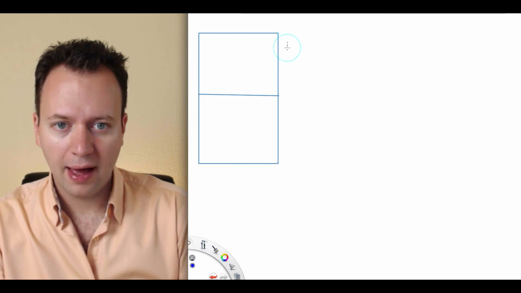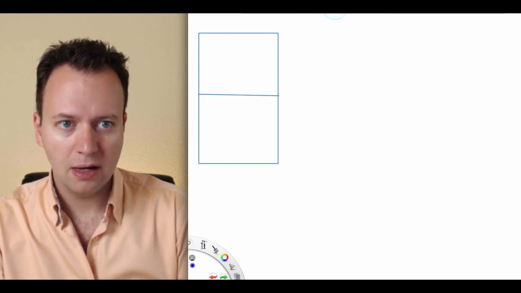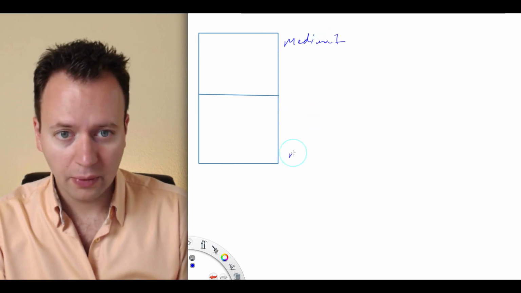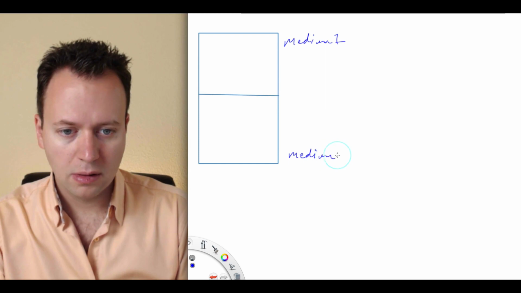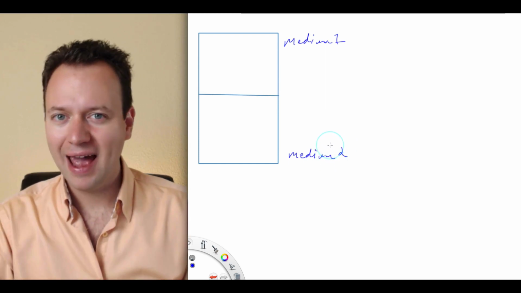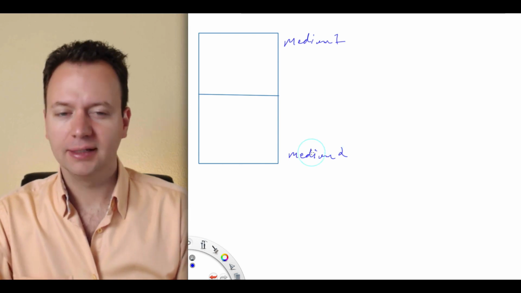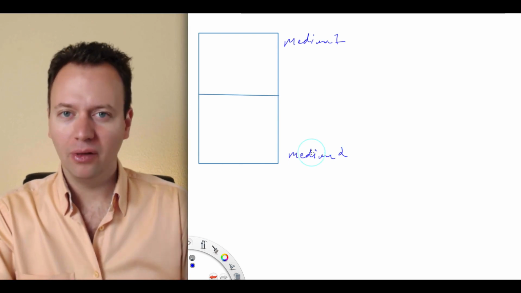The top part we'll call medium 1, and below the line we have medium 2. Medium meaning air, water, syrup, Tabasco sauce, whatever medium the light's traveling through.